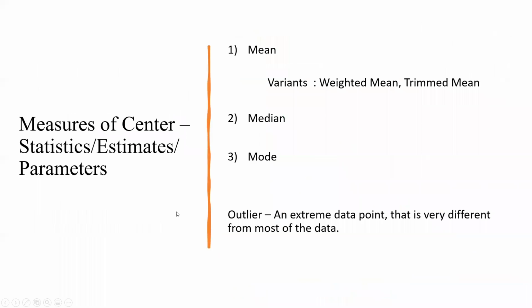Again, this is something that we are all very familiar with. I will not go through all of these things. So we have mean, median, and mode. Under the mean, we have various different variants: weighted mean and trimmed mean, etc.